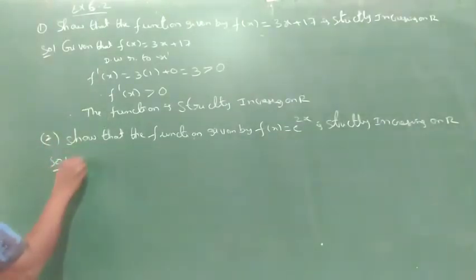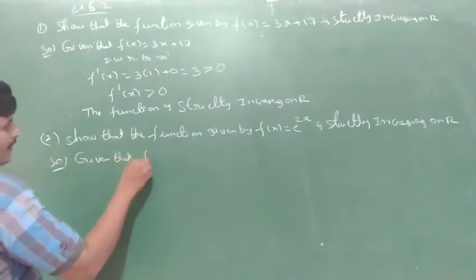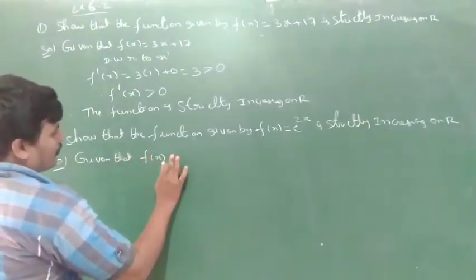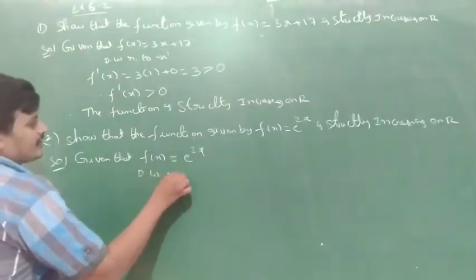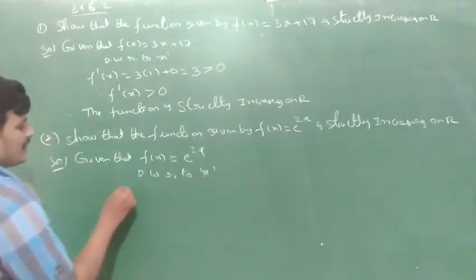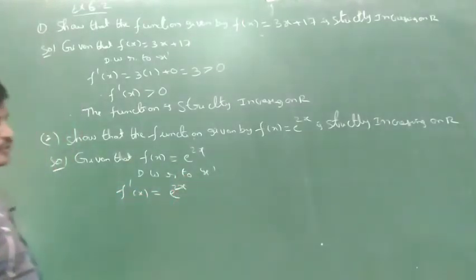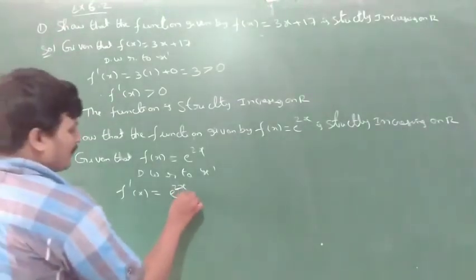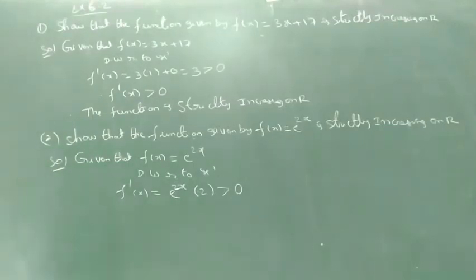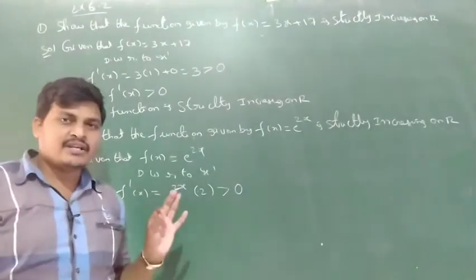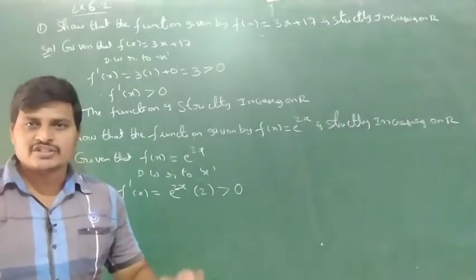So first of all, given f of x is equal to e power 2x, differentiate with respect to x. F dash of x, the derivative of e power 2x is e power 2x into 2. This is always greater than 0 because an exponential function is always greater than 0.